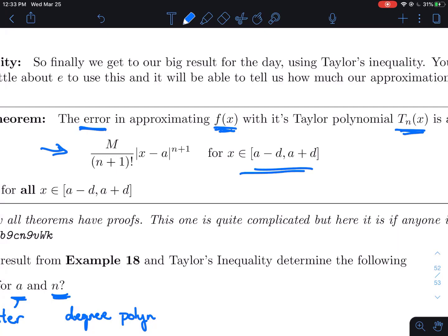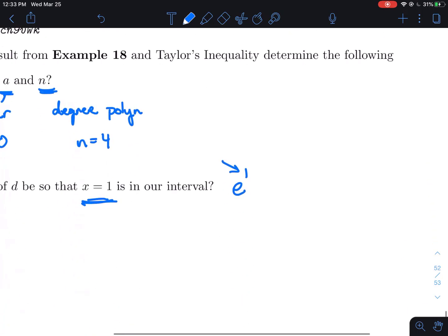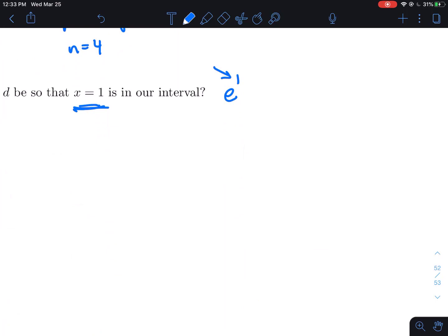It seems like it's centered about the center. That makes sense, so it's a minus d and a plus d. And d quite literally stands for a distance away from the center. So if our center is 0, and for instance this is d over here, and we do a minus d, we've gone negative d this way, we've gone positive d this way.